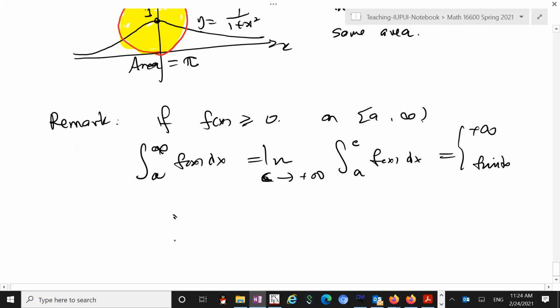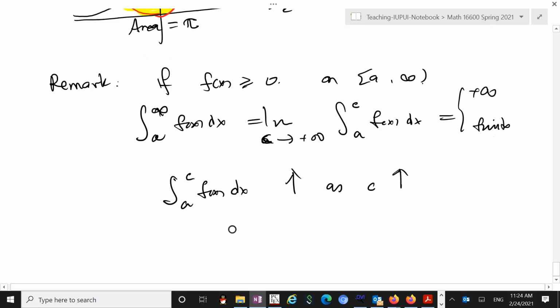Why? Because this increases as c increases. So it's an increasing function, let's call it phi of c. If it's increasing, then there are only two cases possible. Either it's unbounded, then the limit is going to be infinity, or it's bounded, then it's finite. You cannot say the limit does not exist. So in the generalized sense, the limit always exists.